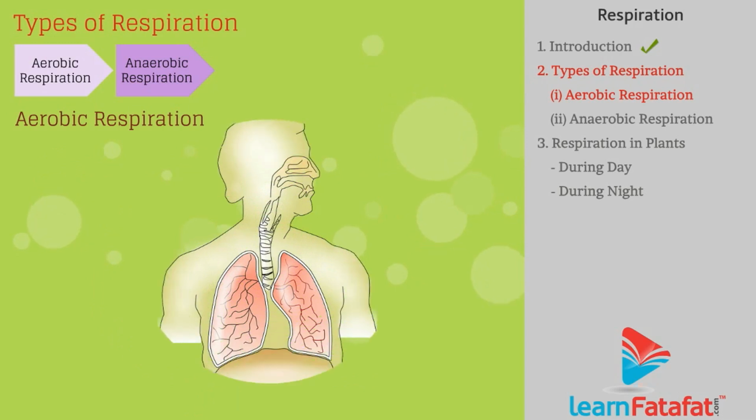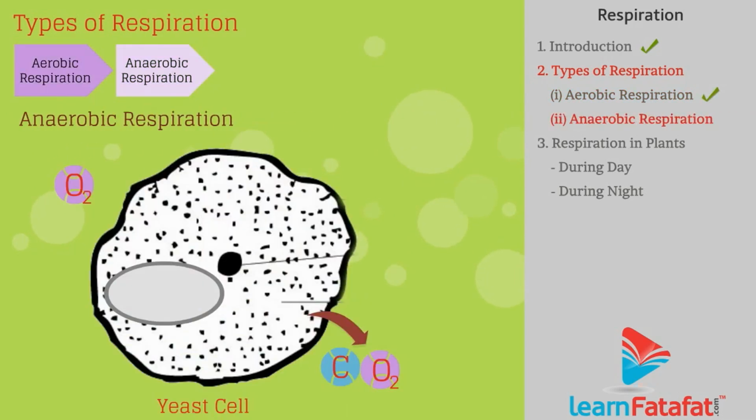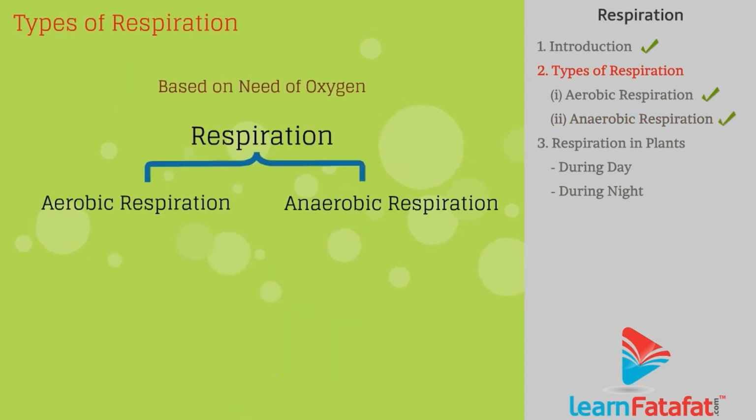For example, respiration in humans. In anaerobic respiration, energy is produced from glucose without using oxygen. For example, yeast cell. Energy released in aerobic respiration is more than that released in anaerobic respiration.